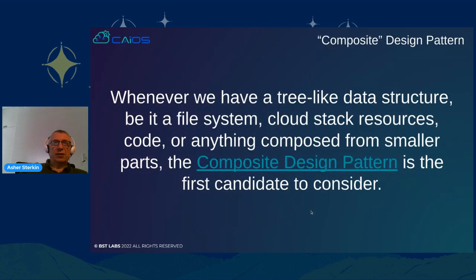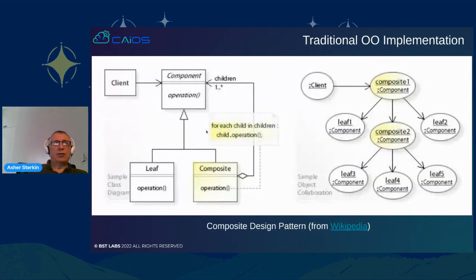It's a good candidate whenever we have any form of nested, recursive or tree-like structure, be it a file system, code structure or any hierarchical data structure. The official implementation looks as follows. We have a normally abstract base class or interface with one or more operations, normally abstract.